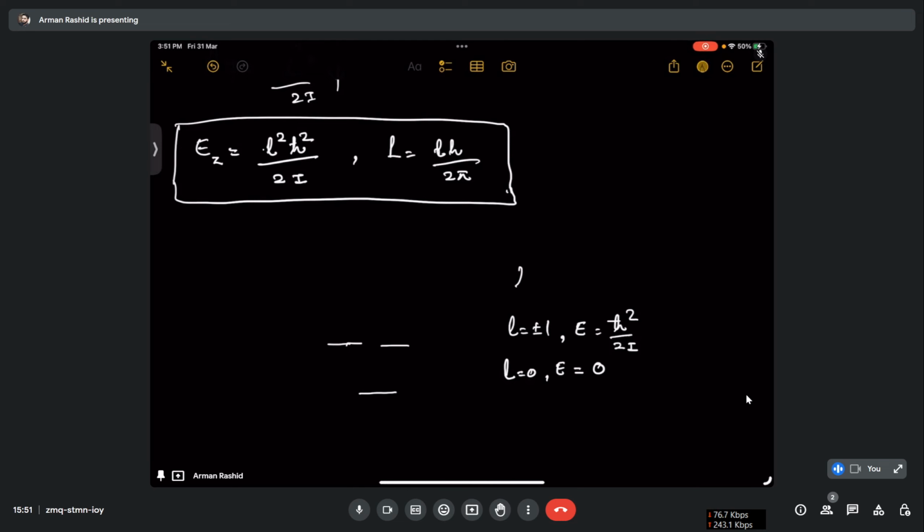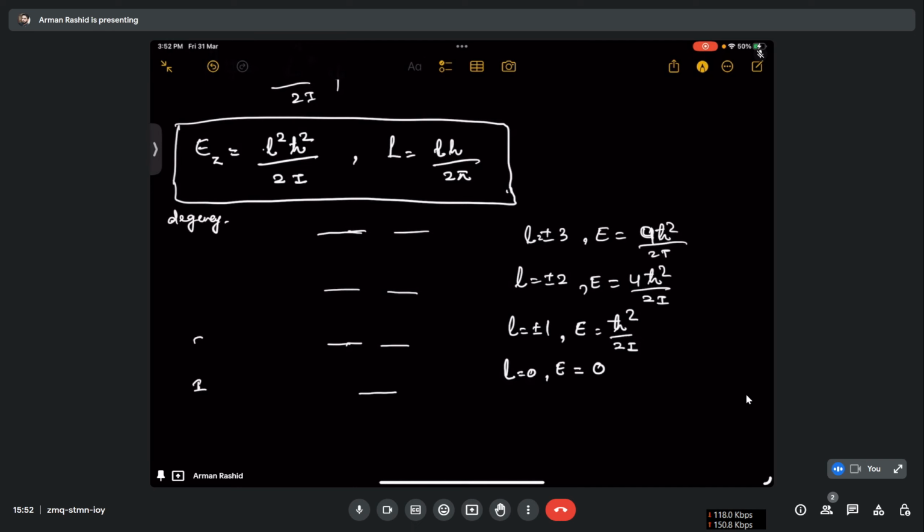Similarly, L equal to plus or minus 2 gives energy 4ħ squared by 2I, with two more states. L equal to plus or minus 3 gives 9ħ squared by 2I. So if we write the degeneracy, you have one state, then two states, then three states, then four states. This is for a rotor whose angular momentum is along the z axis.